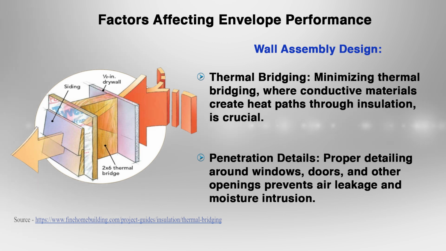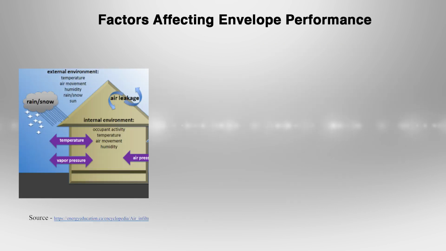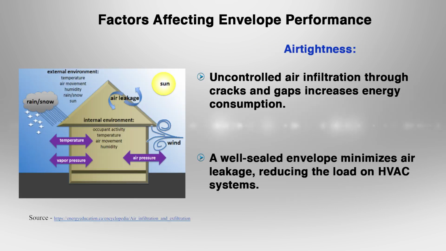Insulated concrete form, ICF, walls are a relatively new technology that utilizes hollow concrete forms filled with insulating material to create a strong, energy efficient wall system. Curtain walls are non-structural walls typically made of glass and metal framing, used for aesthetics and light transmission in commercial buildings. Walls are a fundamental element of any building, providing structural support, defining interior spaces and separating the conditioned interior from the unconditioned exterior.